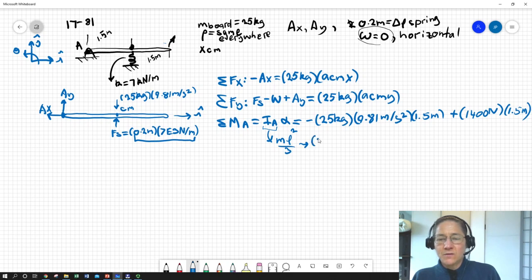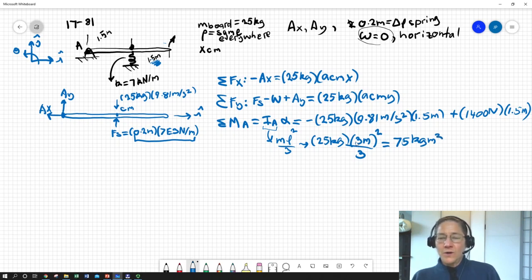So this will give us 25 kilograms times total rod length. That's why we needed that extra 1.5 meters, by the way. Even though we didn't have a force acting at the end, we needed to know how long the rod was to calculate its moment of inertia. So 3 meters squared divided by 3, and so that all gives us 75 kilogram meters squared.